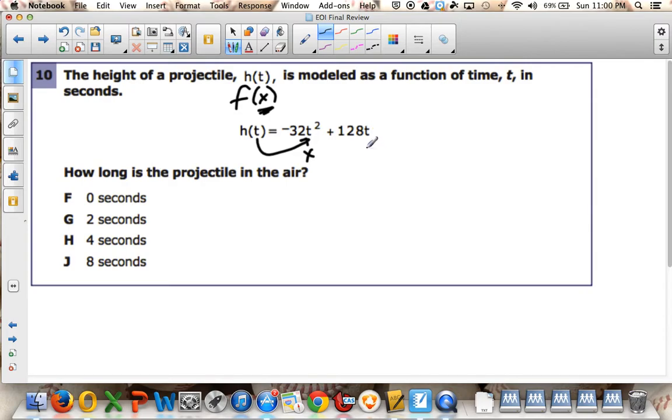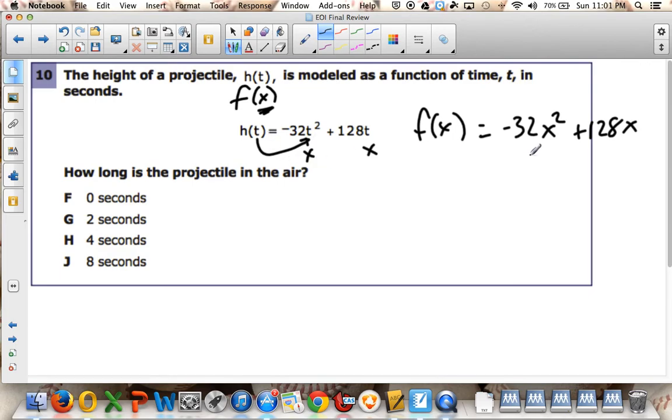This function really is f of x equal to -32x squared plus 128x, modeled as a function of time t, which is x. T fits right where x would be. That is time x, in seconds. How long is the projectile in the air?